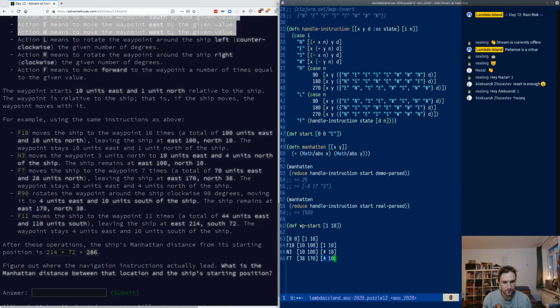The waypoint stays. And then we need to do the rotations. Rotate the waypoint around the ship clockwise 90 degrees. So now we're applying this rotation to that vector, basically rotating it around the 0, 0 axis.